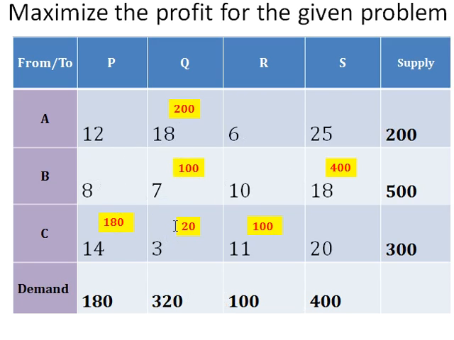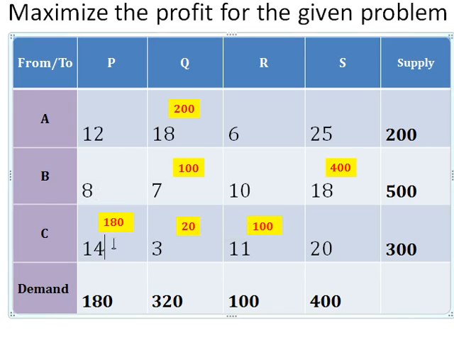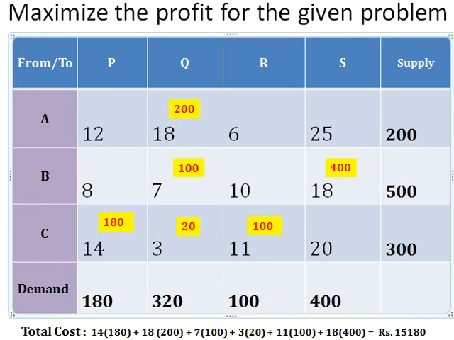Now, as usual, we can calculate the total cost. We simply multiply the costs with the allocated values and sum them. That will give you the total cost. As you can observe in the bottom line, the total cost has been calculated as usual, and we have our final answer, that is the maximization of the profit.